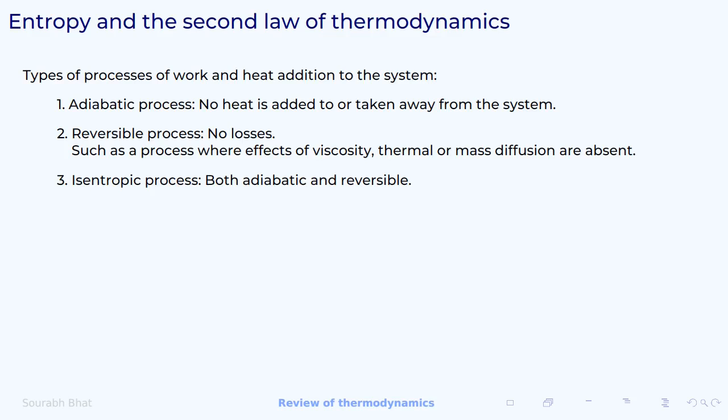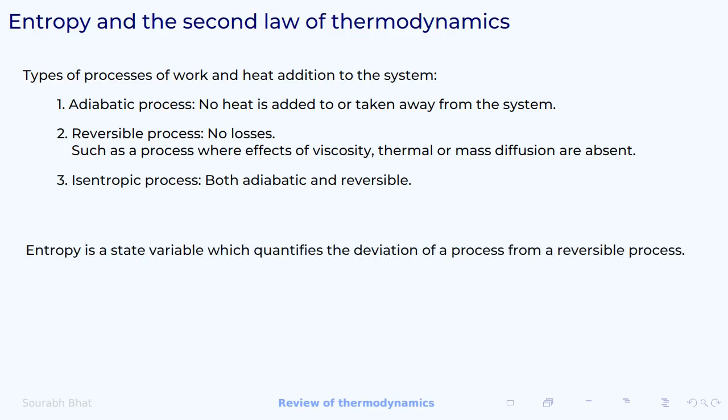In an isentropic process, the entropy of the system remains constant. Entropy is a state variable which quantifies the deviation of a process from a reversible process. The small case s is used to denote specific entropy, and capital letter S is used to denote total entropy of the system.